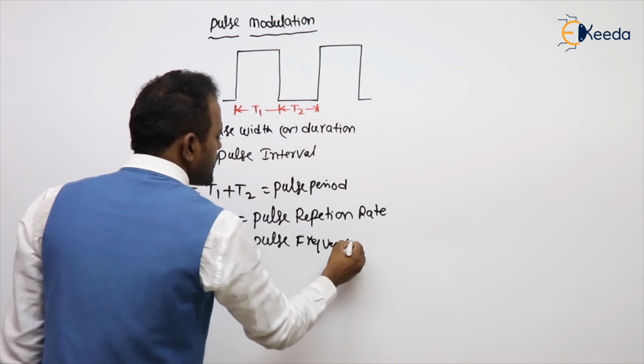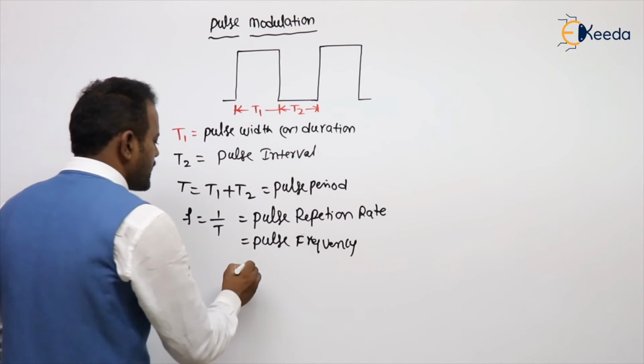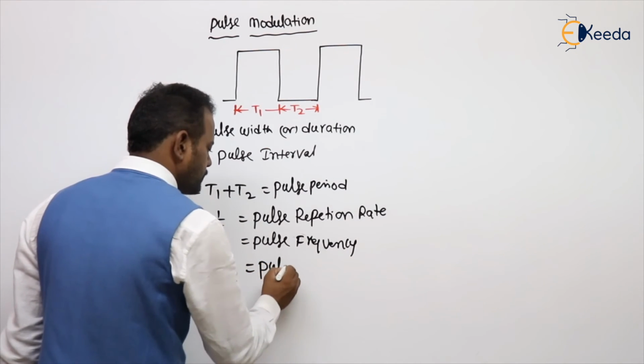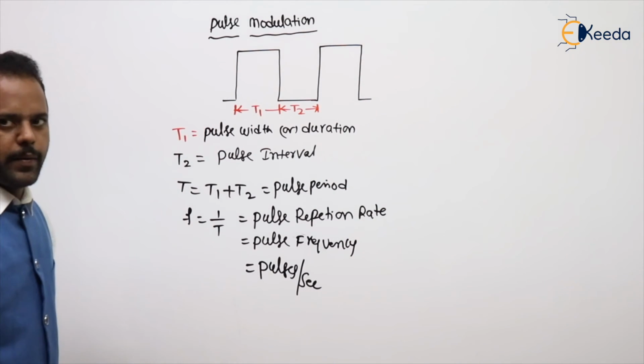What is the unit, sir? Cycles per second, or you can also write pulses per second. Are you getting my point?